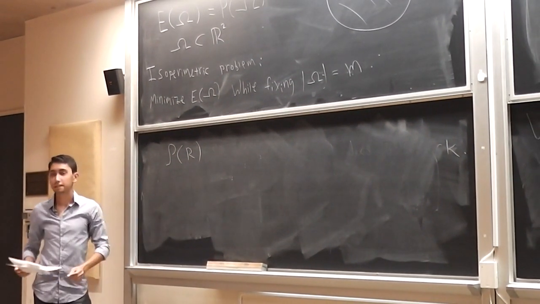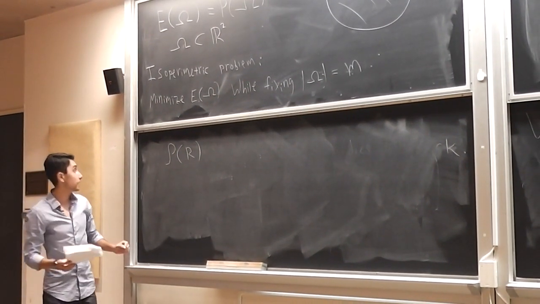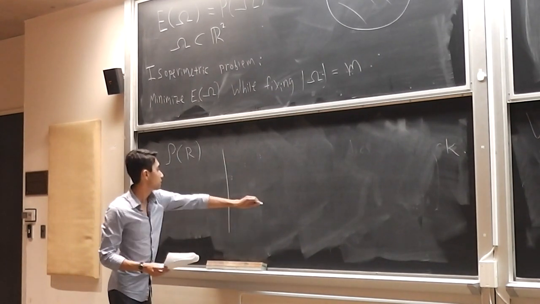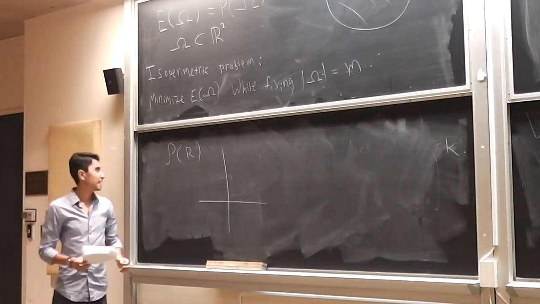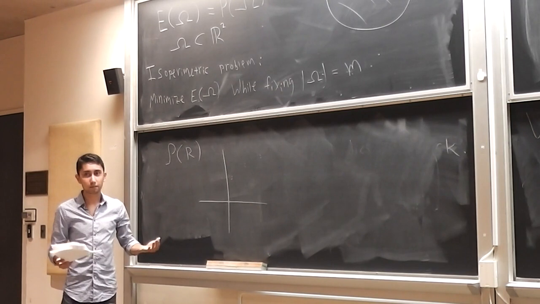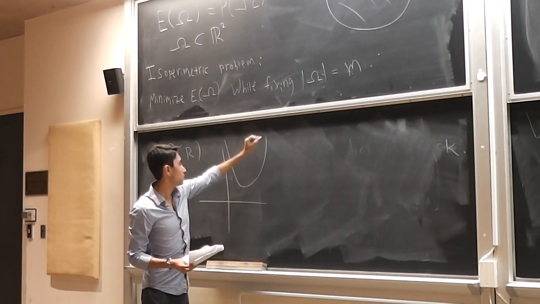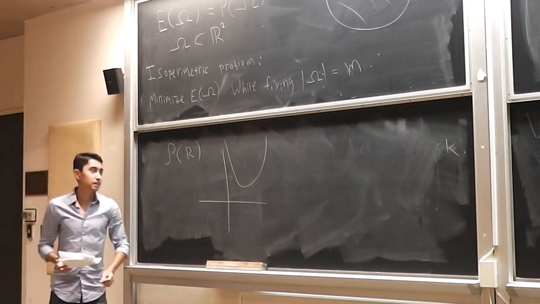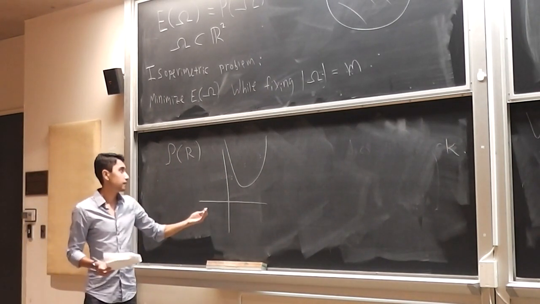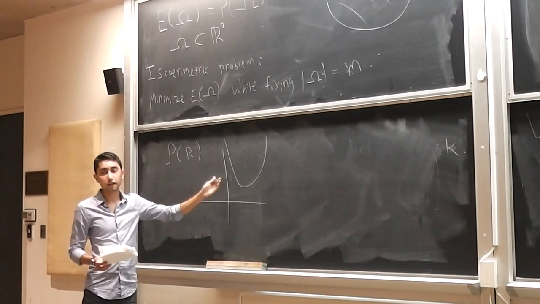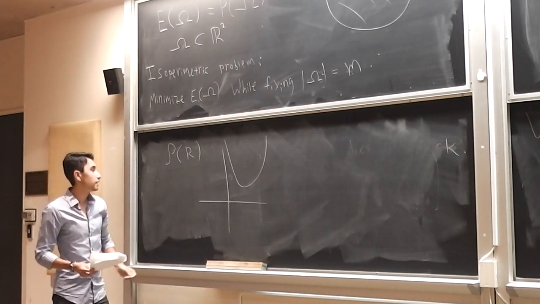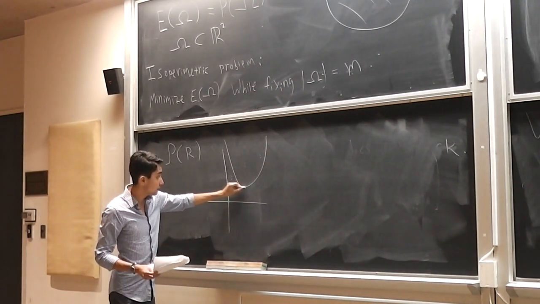Okay, so we have this function rho of r, which is just the energy of a ball of radius r divided by its area. It involves gamma functions and stuff, but we can just put that in Maple and we get a plot that looks kind of like this. I think its second derivative is positive, so it is convex, and it has a minimum here.